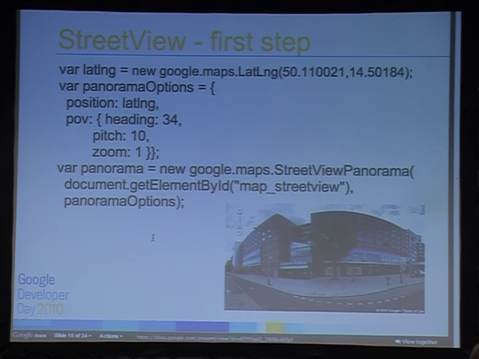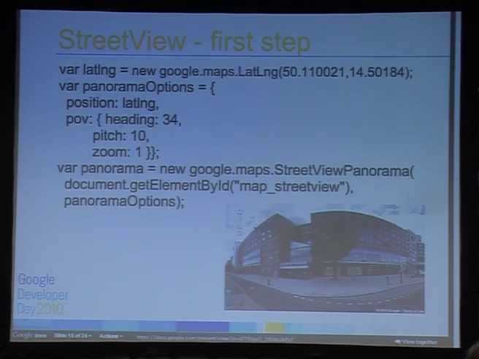So how can you use Street View? It's really, really simple. This is all the code which is necessary from the JavaScript perspective. In the web page, you need one div element in which you will create the Street View panorama. And all the code you need starts with the coordinate, so latlng equals new google.maps.LatLng.